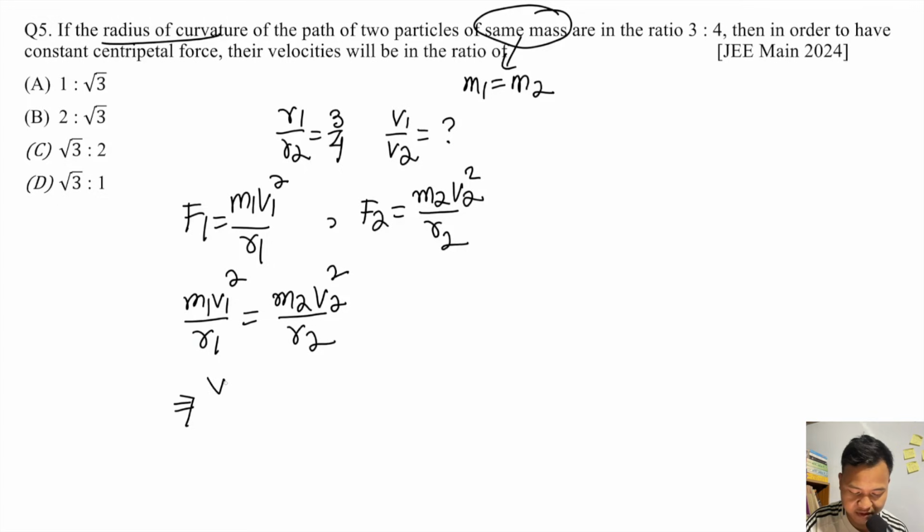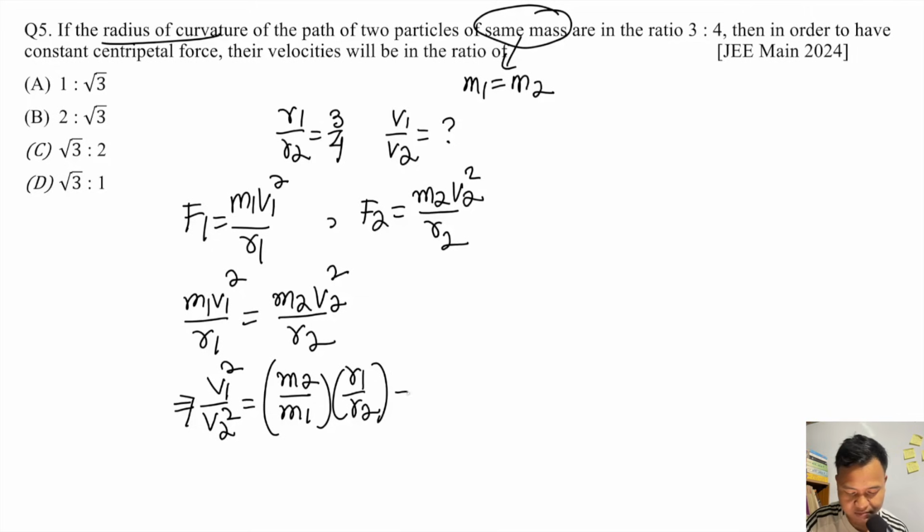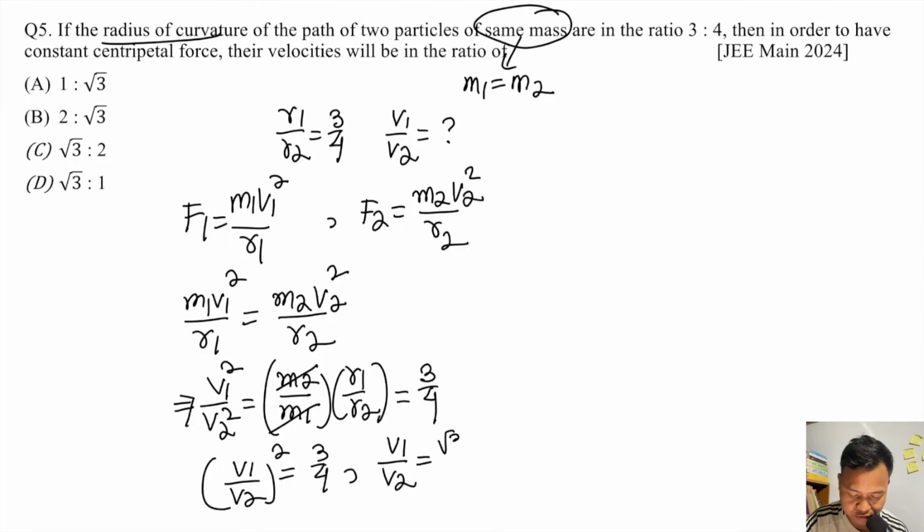So v1 square by v2 square equals m2 divided by m1 into r1 divided by r2. Putting in the values, m1 equals m2 and r1 by r2 is 3 by 4. So v1 by v2 whole square is 3 by 4, and v1 by v2 is root 3 divided by 2. So the ratio will be root 3 is to 2.